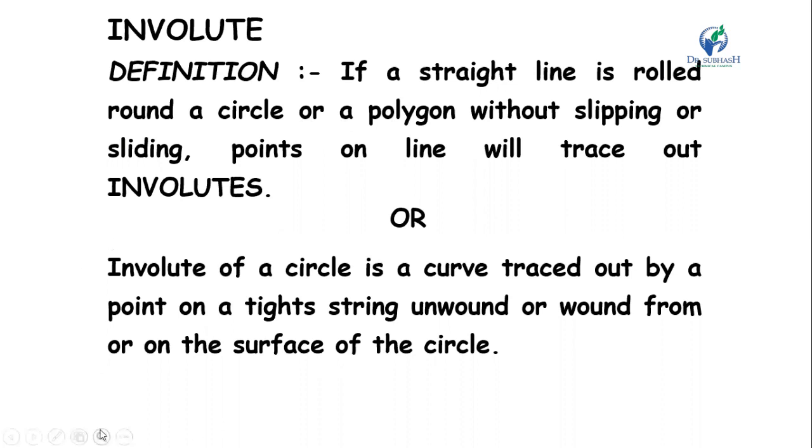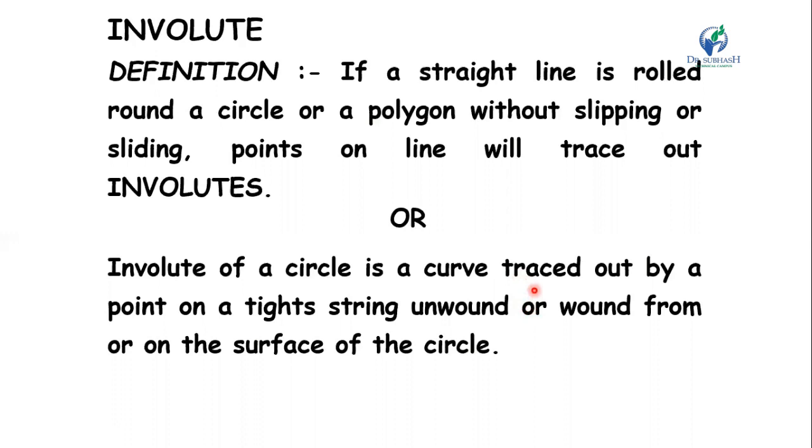Or in other words, if you wound or unwound any string or thread on the circle by keeping that string tight, the end point of that string traces out the involute. We can say the path of the end point during the winding and unwinding of the string on the circle is known as an involute. Now let us see how to draw the involute.